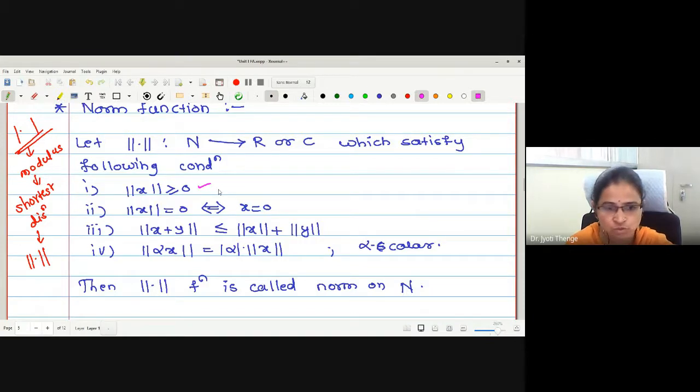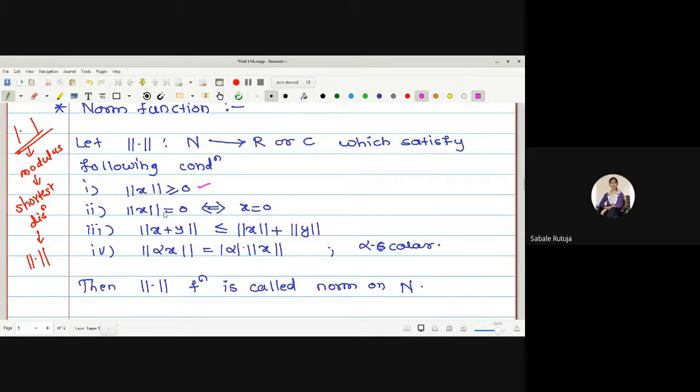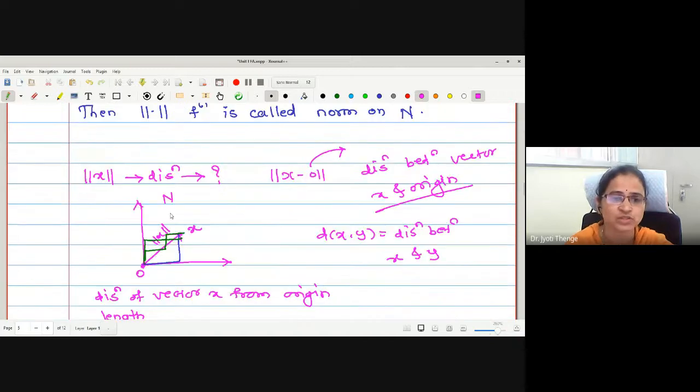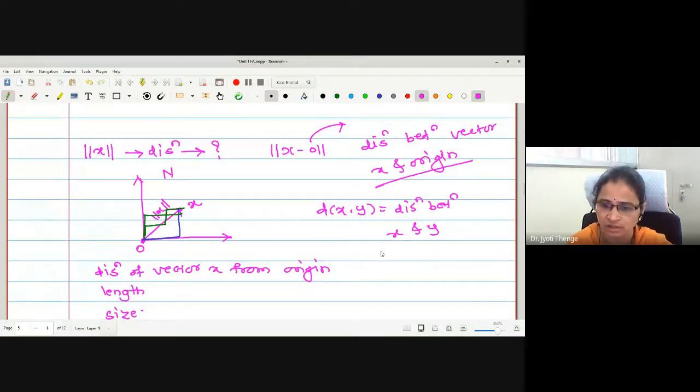Understood the meaning of the first condition? Let us come to the second: norm x equal to 0. What it means is, whatever vector x we have plotted here, the distance, if I show again by the shortest distance, is 0.